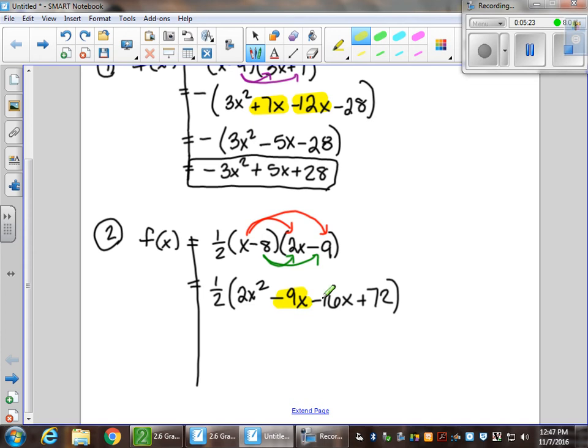I have a negative 9x and a negative 16x. When I combine like terms, again, leaving 1/2 on the outside, 2x squared is still here. Negative 9x minus 16x is what? Negative 25x plus 72.